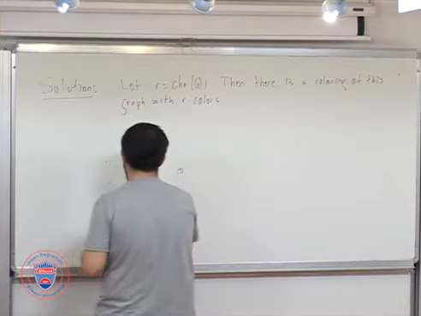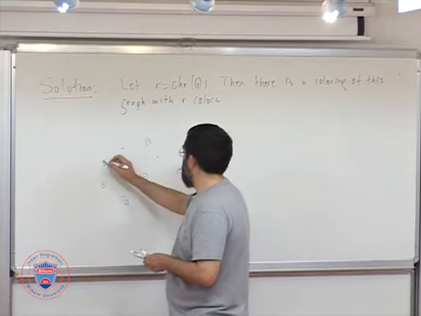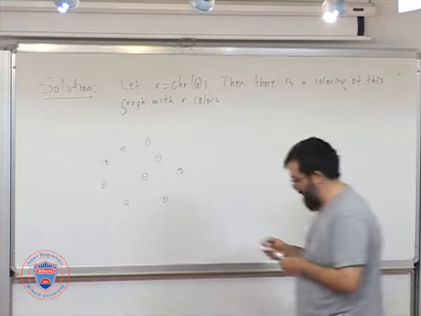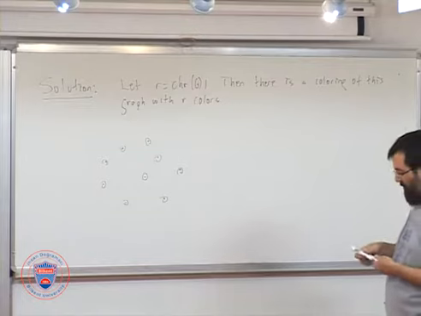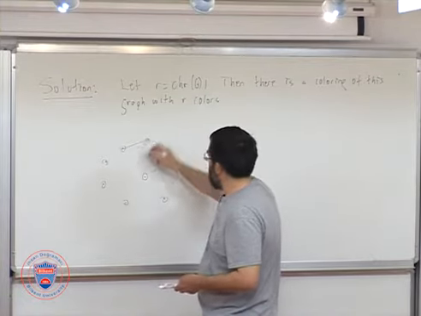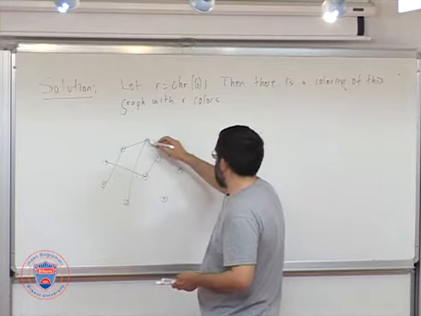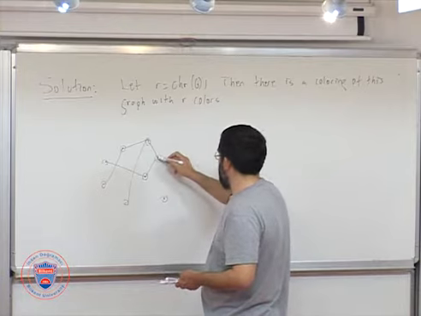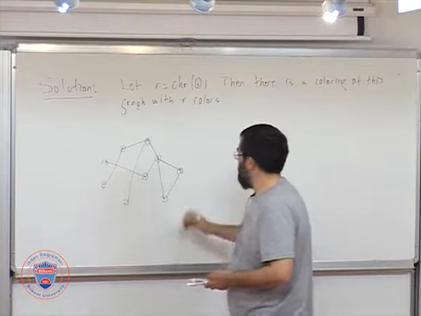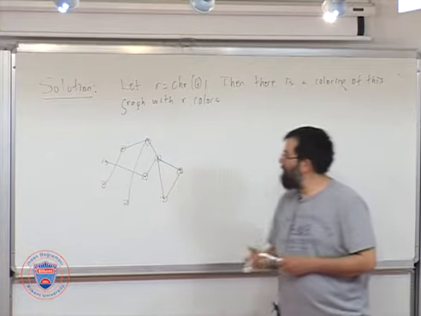So in your graph, the green ones don't have edges between them. Some of the edges could be like this. Could be having a graph like this, but you cannot have an edge between the same color ones, okay?